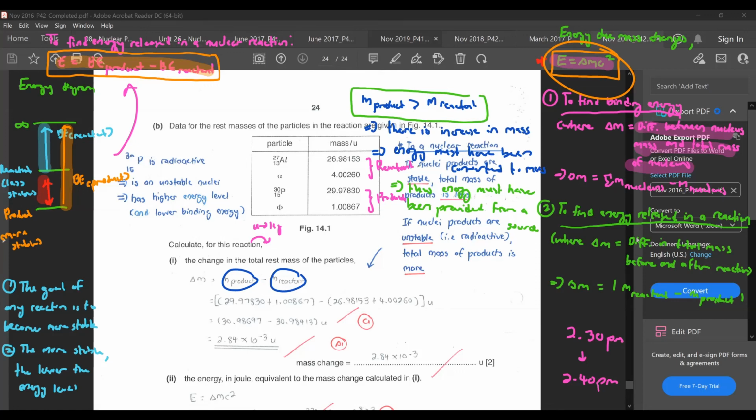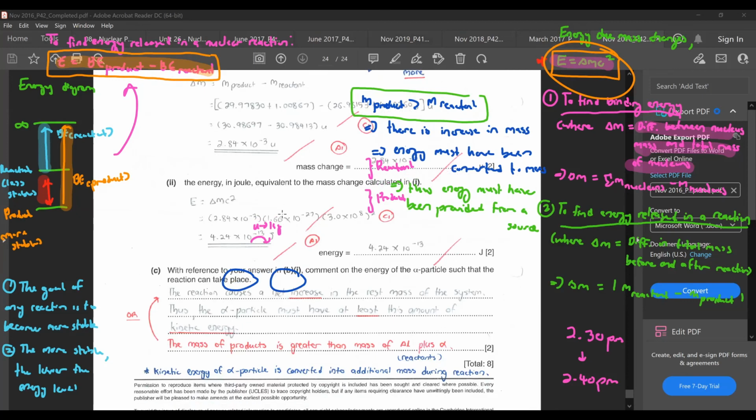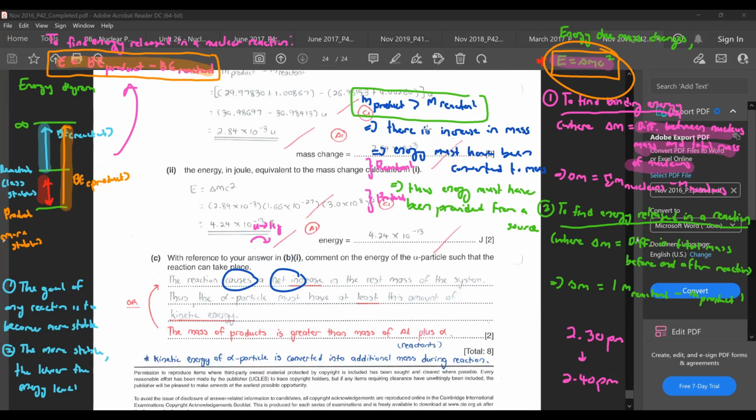There's an increase in mass here. Energy must have been converted to mass here, so the energy must have been provided from a particular source.